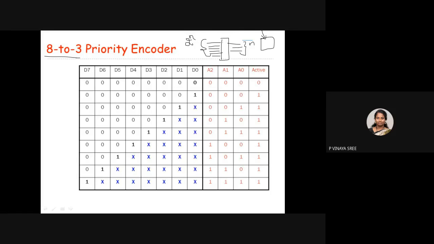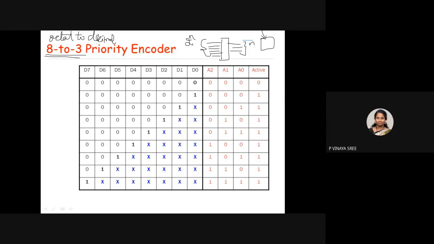Okay. So you're converting from one format to another format, like one format can be octal. This question can also be asked as convert octal to decimal encoder. Convert octal to decimal encoder.